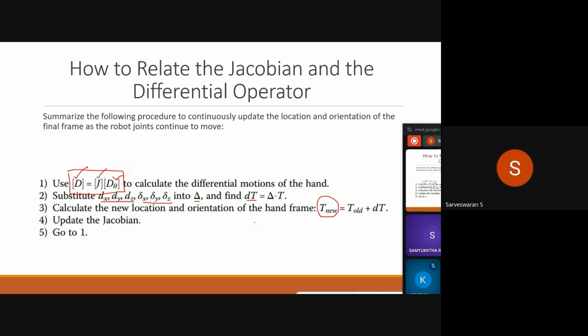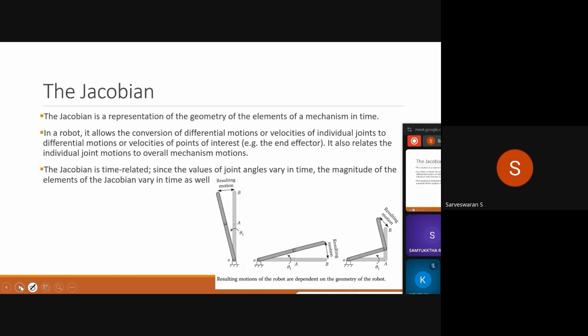There will be a change in the position of your robotic arm. These are the steps and procedures to solve it. And we have one problem over here. We will see that also.